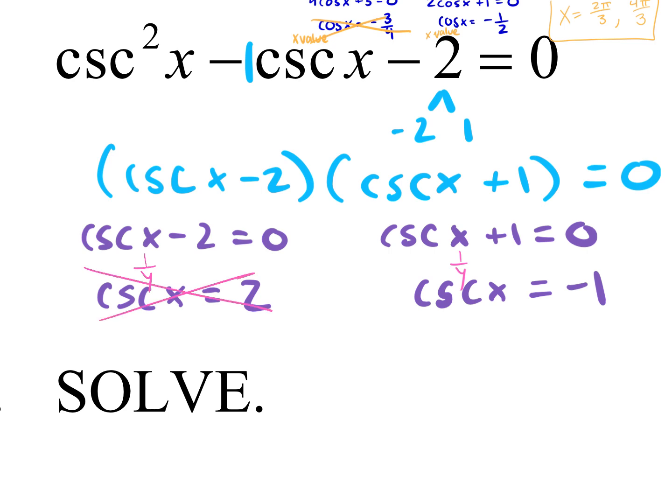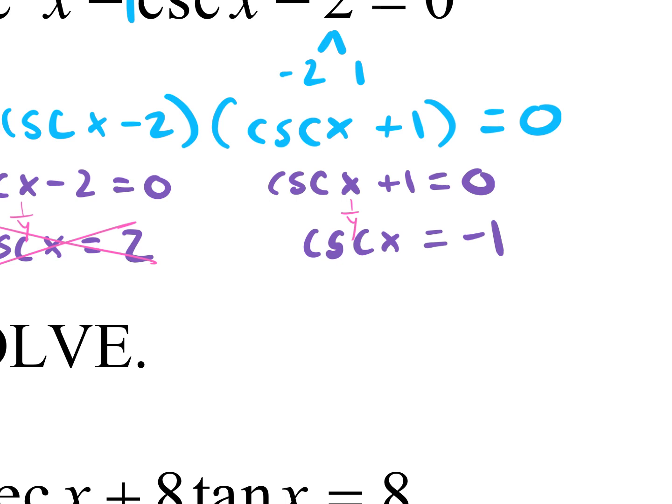No. So we cross that one off. That one's not going to give us an answer. Is there anywhere where we have 1 over y as -1 on the unit circle? Where? Three pi over 2. Perfect. Awesome. So that would be our answer.